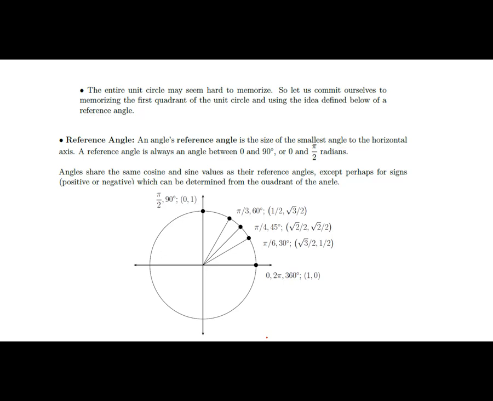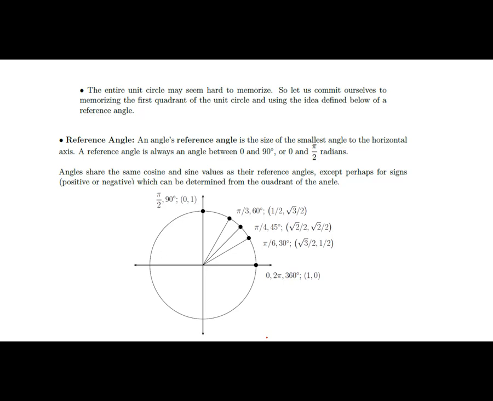Now on that previous example, we had this unit circle all written out for us, and it was just real easy to reference. That's not going to be a crutch we're going to continue to use. So what we need to be able to do is to be able to recall the coordinates on the unit circle associated with special values on the unit circle.